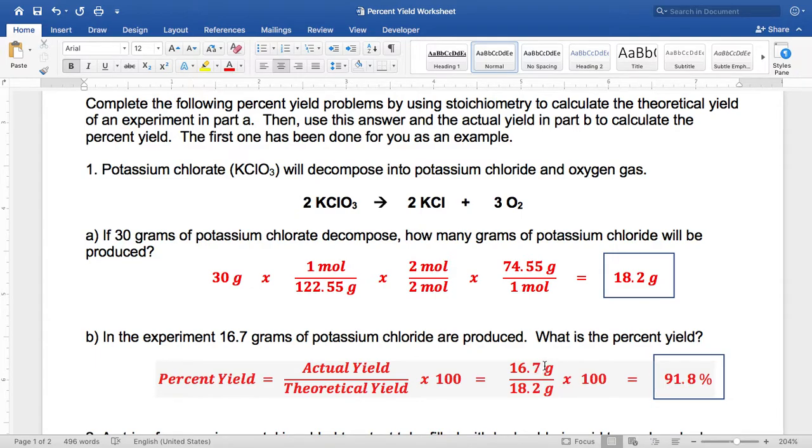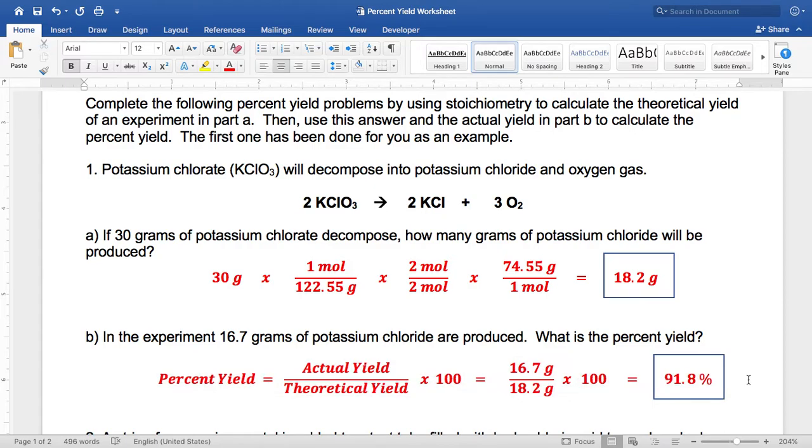My theoretical yield comes from the stoichiometry we did in part A. What I should have gotten in the experiment is 18.2 grams, so I put that number on the bottom. In my calculator, I would do 16.7 divided by 18.2 times 100, and I get a value of 91.8%.